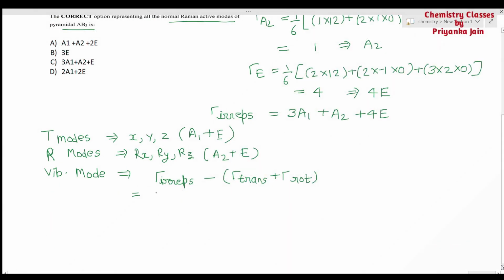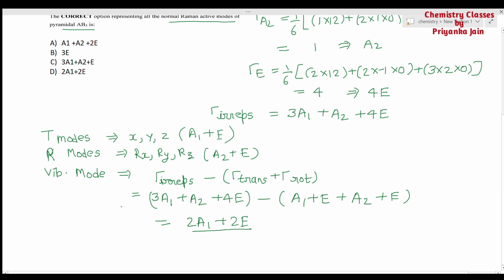So this will be equal to, firstly write down, 3A1 plus A2 plus 4E, right, minus A1 plus E plus A2 plus E. So what we are getting? We are getting 2A1 plus 2E. This is the representation for the vibrational mode. Okay, firstly put down this.